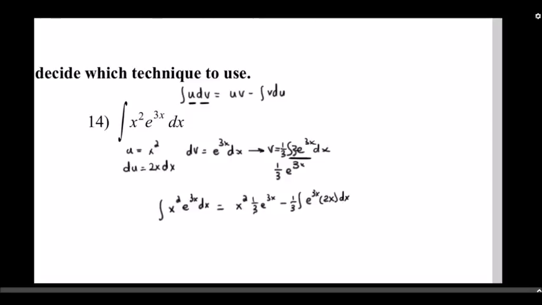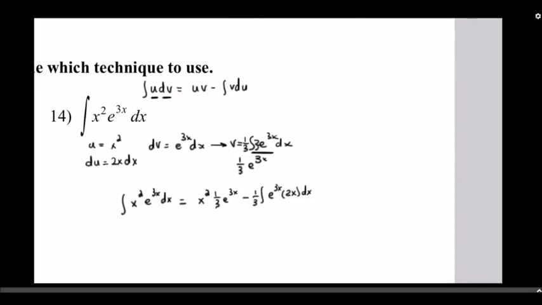Now we have another slight problem. This antiderivative is not going to be quite so easy to find. The reason being, we have e to the u, but then this right here is not du. 2x is not the derivative of 3x.